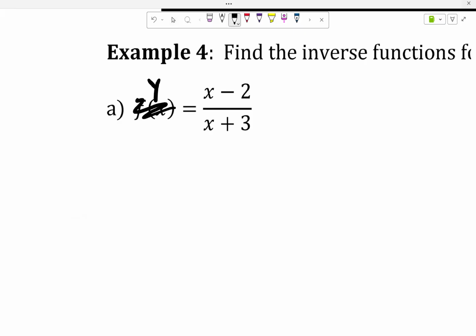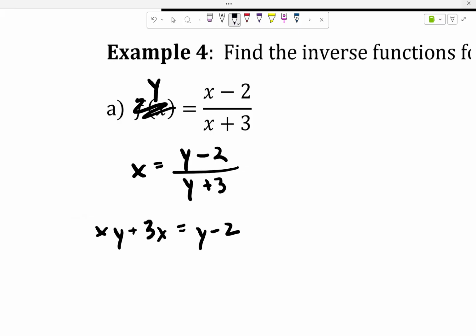So x equals y minus 2 over y plus 3. And then I multiplied y plus 3 on both sides and got xy plus. Oh, that's great. And then I brought the y to the left side and then 3x over to the other.